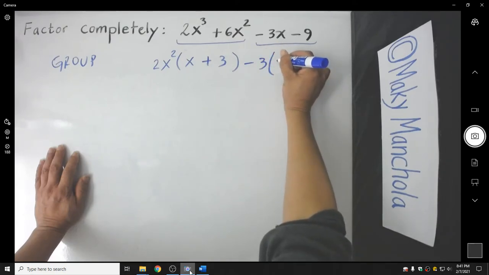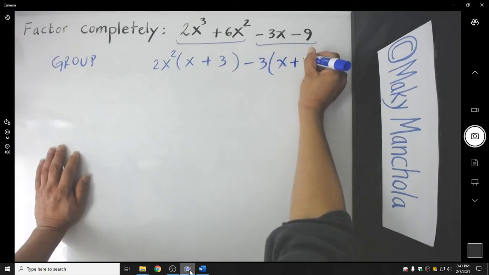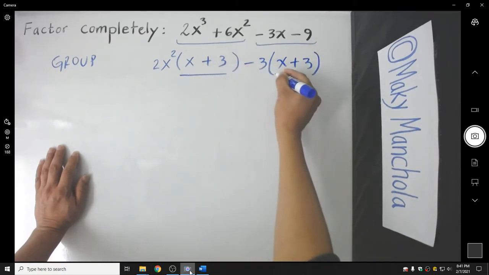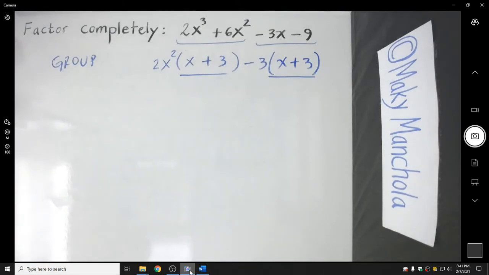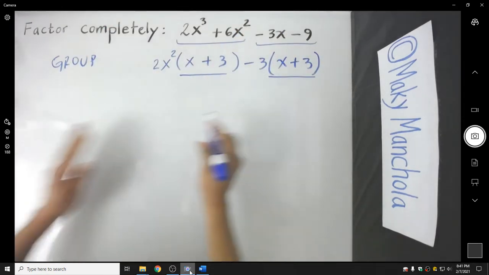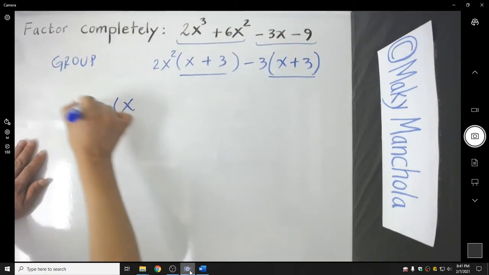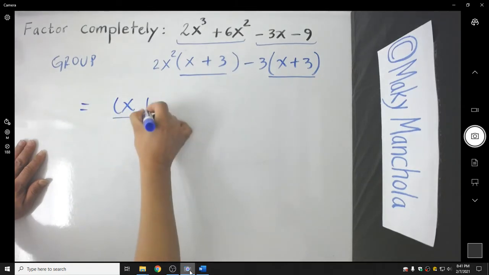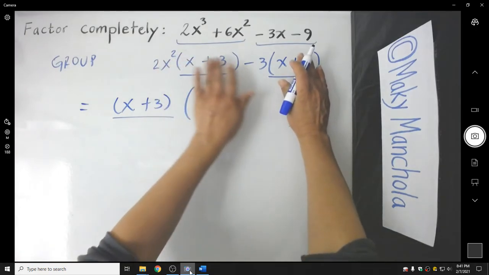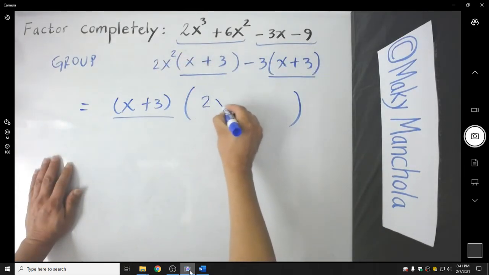Then we're left with x plus 3. At this point, we realize that we have created a common factor of x plus 3. So we factor it out. It is the greatest common factor of those 2 terms. So we obtain x plus 3 times 2x squared minus 3.